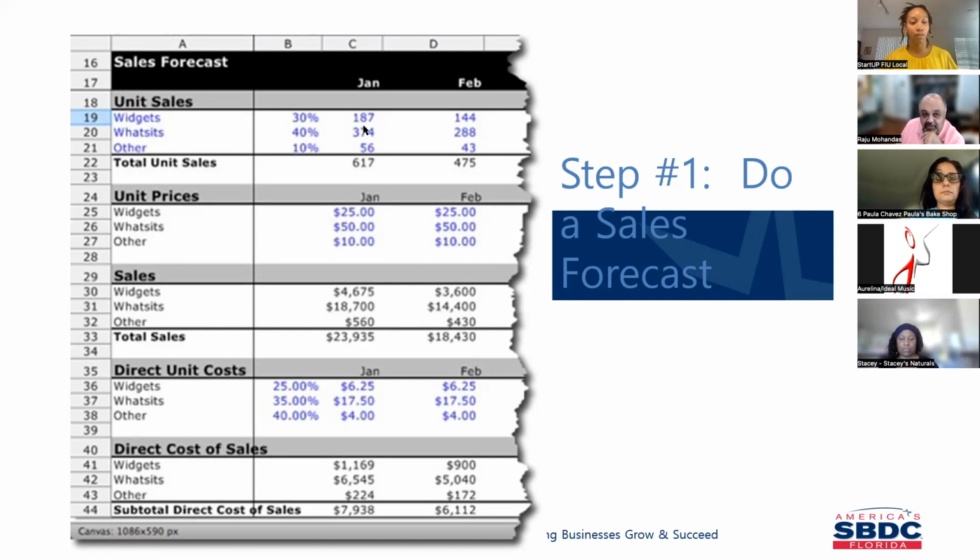And obviously, the multiplication of these two, if you multiply these, you'll get this number. That's it. It's real simple, real straight. But you do have to define how many units and the price that you plan to do on average. And that will give you your sales.